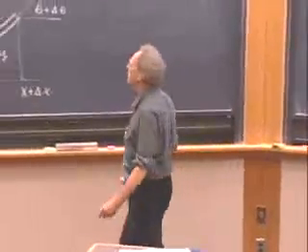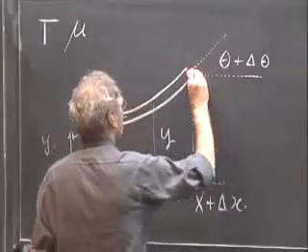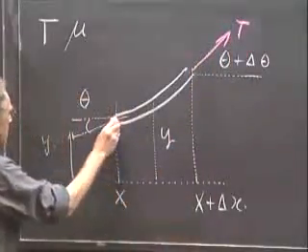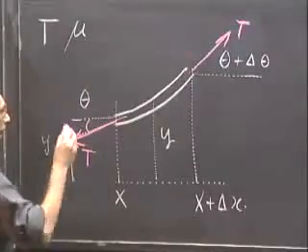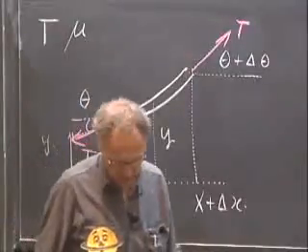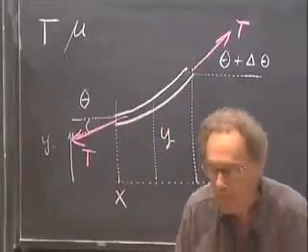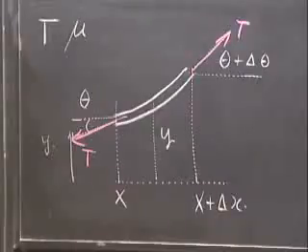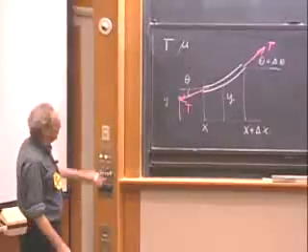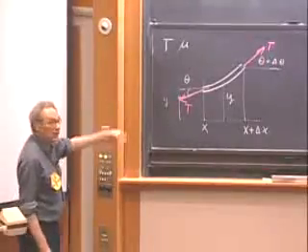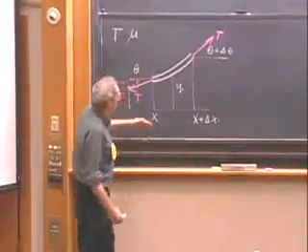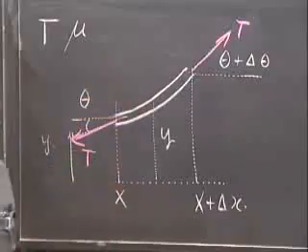It's an approximation, but for modest amplitudes, it's a very reasonable approximation. So we have a T here, and we have a T there, and they are then, to a reasonable approximation, the same. Just like with the beads, for modest amplitudes, we don't have to worry about motion in the x direction. The only thing that matters is the motion in the y direction.